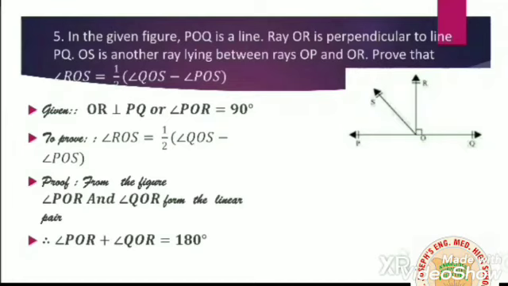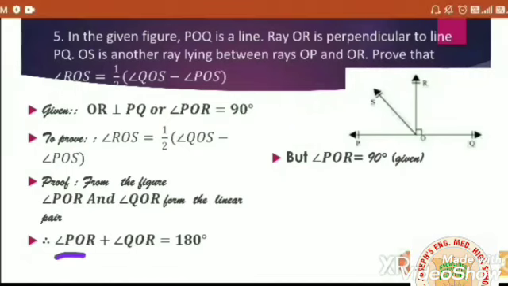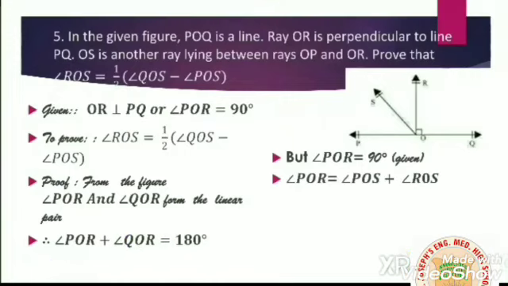But we know one thing: perpendicular means angle POR is equal to 90 degrees, given. If one angle is equal to 90 degrees, automatically this one will also become 90. So that's what we are going to write. POR is equal to POS plus ROS.